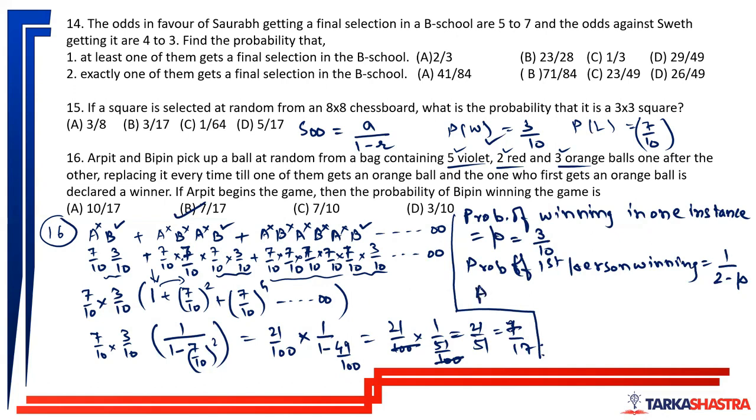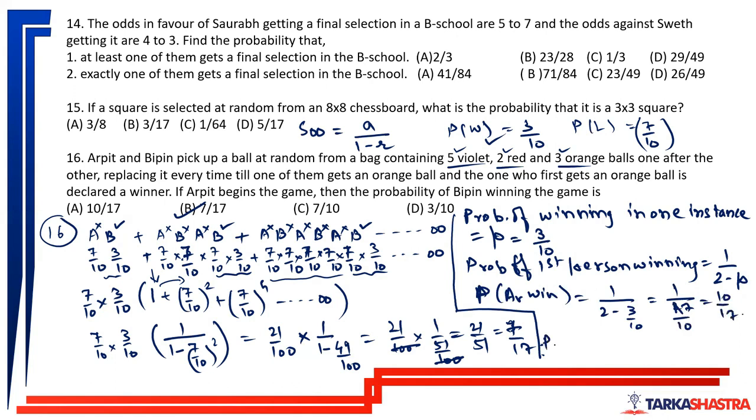So probability of Arpit winning is 1 upon 2 minus p. The value of p is 3 by 10, which is 20 minus 3, that is 1 upon 17 by 10, which is 10 by 17.